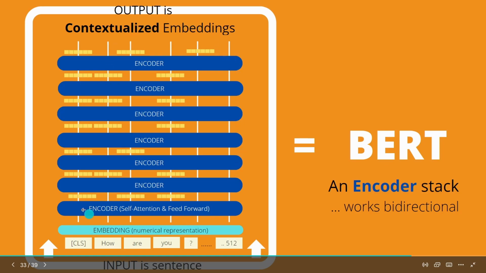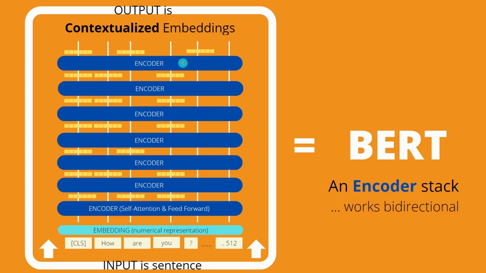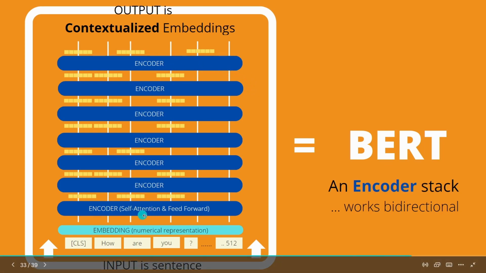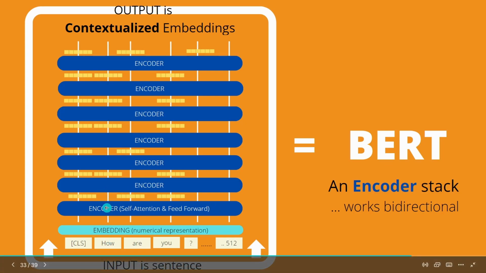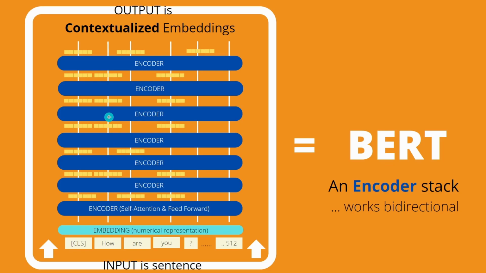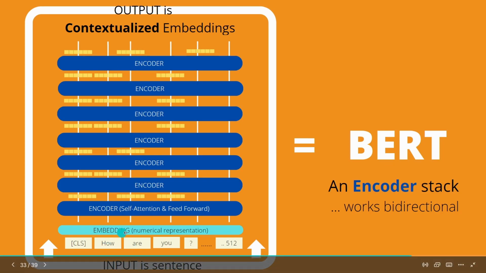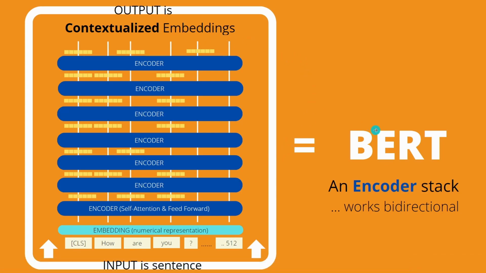And then all of this here, this stack of encoders. Now every little dark blue encoder has this self-attention mechanism and a feed-forward functionality. This is explained in my other video. But just to show you, for each word, you encode in, encode out, encode in, encode out, and you get a better mathematical representation of the word in relation to all the other words. And then the output of BERT, this encoder stack, is simply an embedding of a contextualized word.